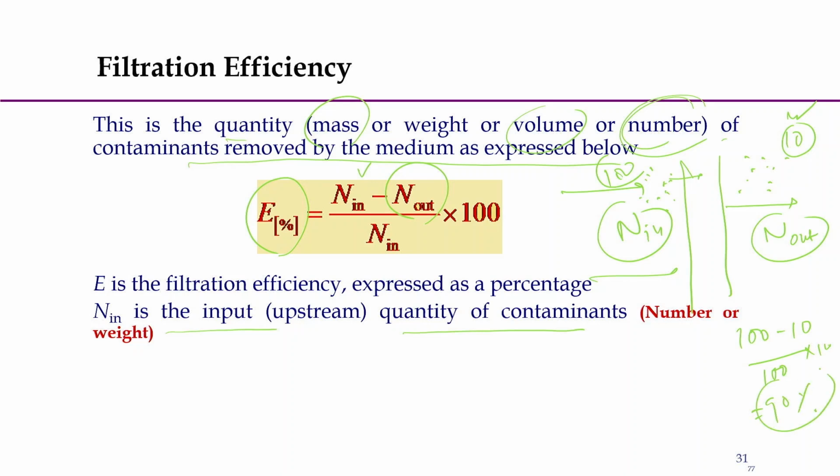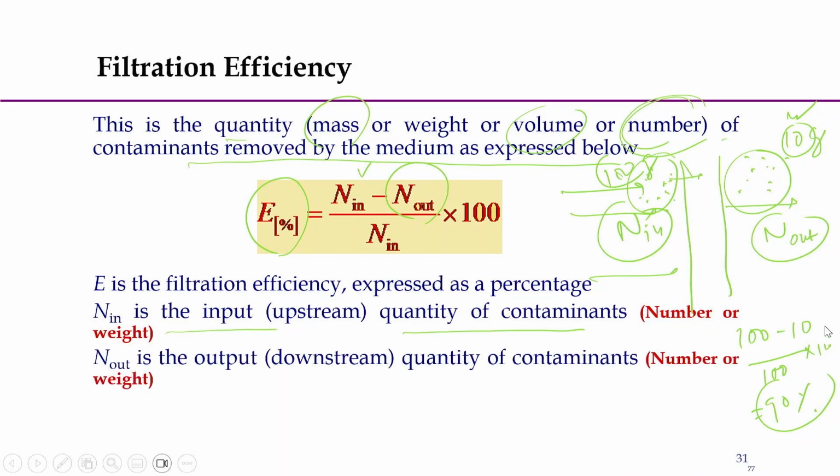If the total weight coming inside is 100 grams and 10 grams is going out, in that case also it is 90% efficiency. So, N in and N out may be number or weight.